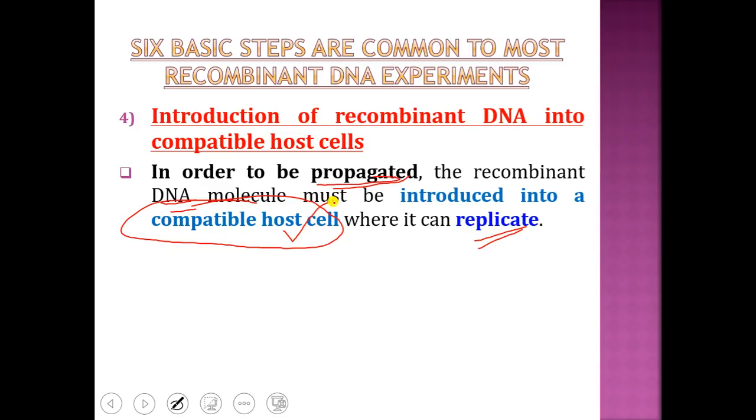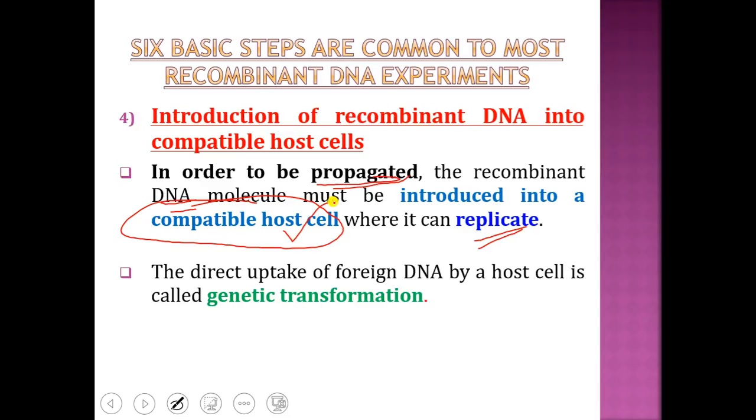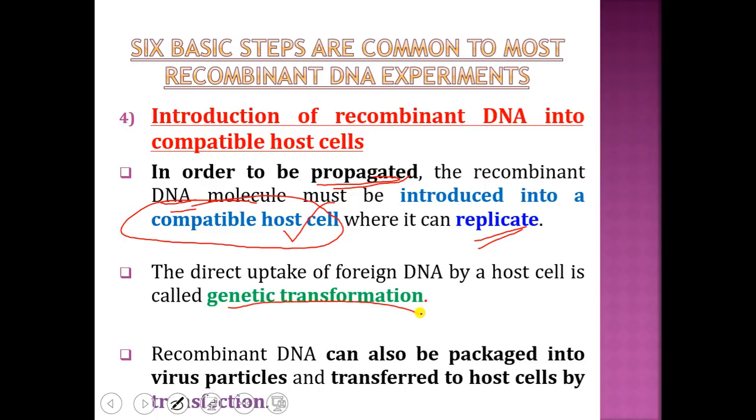The direct uptake of foreign DNA by a host cell is called genetic transformation, and recombinant DNA that is packed into a virus particle and transferred to a host cell is done by the process known as transfection.